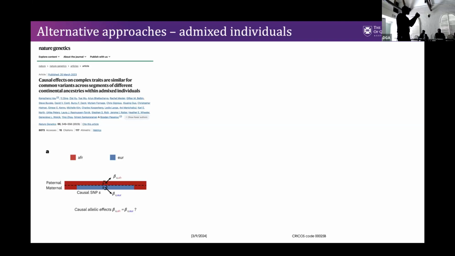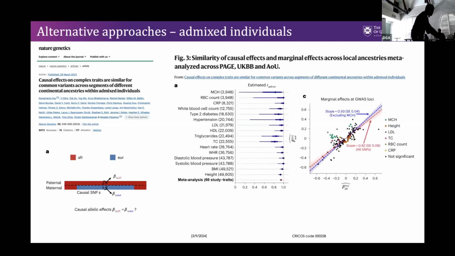If they are different, you can use this kind of information to learn about differences in allele frequency and LD. By and large, what they found was that causal variant effects were highly correlated. If a variant increases your risk for disease, it doesn't really matter whether it comes on a European haplotype or an African haplotype. And I think that was interesting.